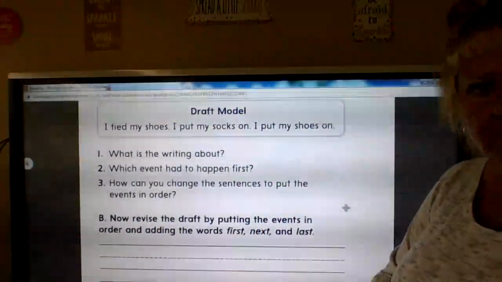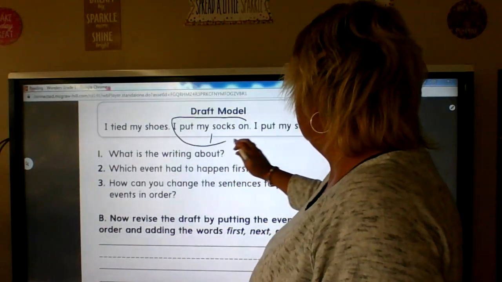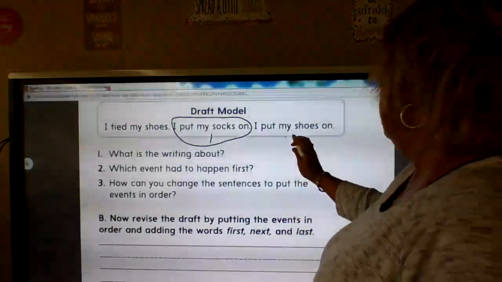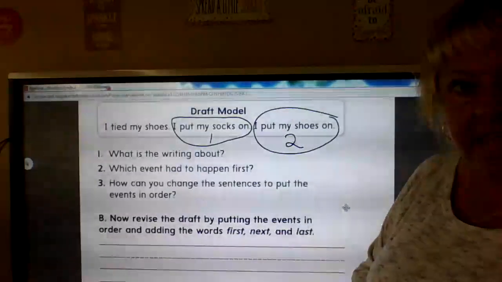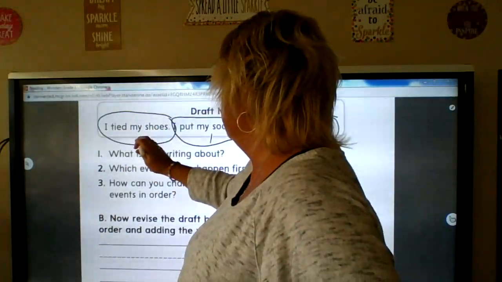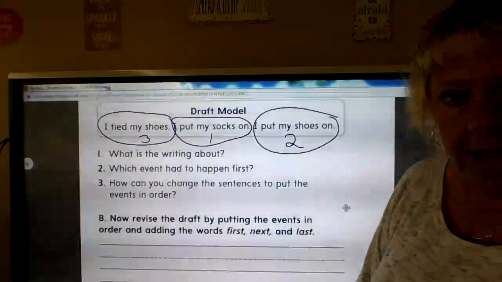What do they do first? I think first would be put socks on, right? Second is put my shoes on. And what do you think they did last? Yep, tie the shoes is last. So they had them in the wrong order, right?